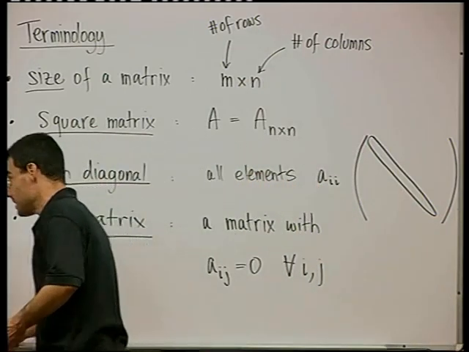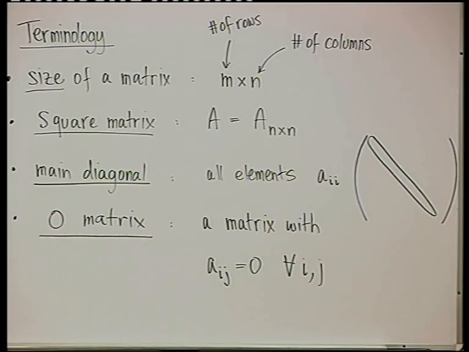What might be slightly more surprising is what is the identity matrix, the one matrix. So a naive guess would be it's a matrix where all the entries are just one, but that's not it. And we'll see why only later when we define multiplication.